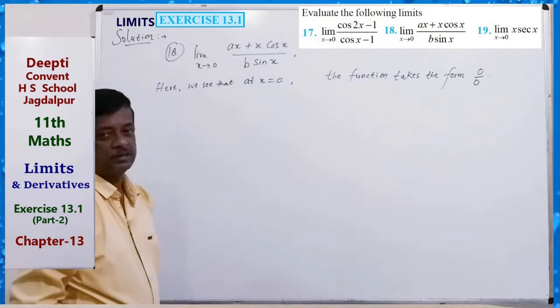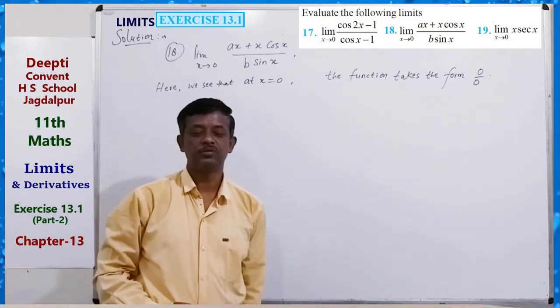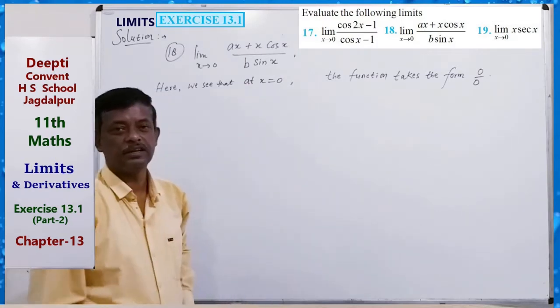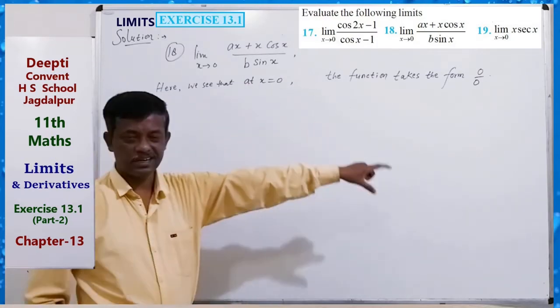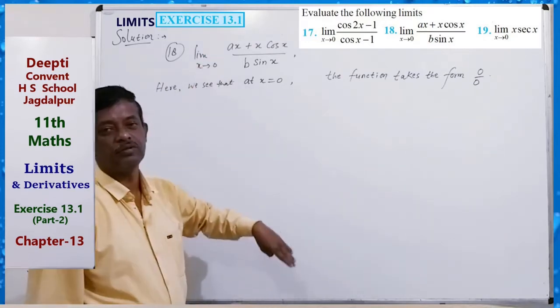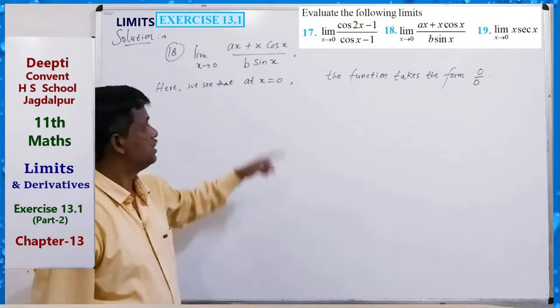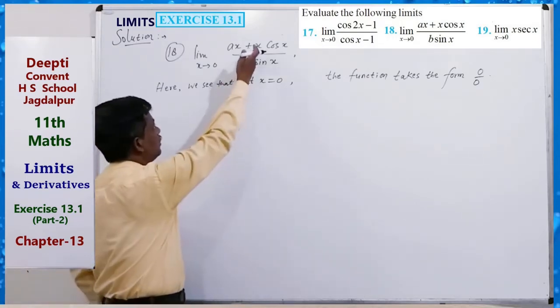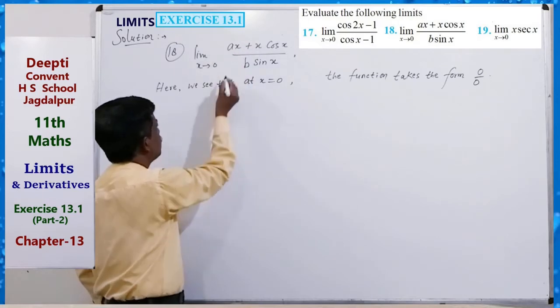So we will try to convert this function in such a way that by using a standard limits formula, we can get some definite value for x equal to 0. Okay, so here we can write, then just take common.